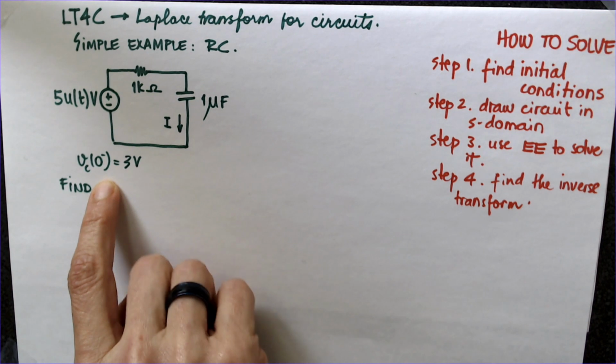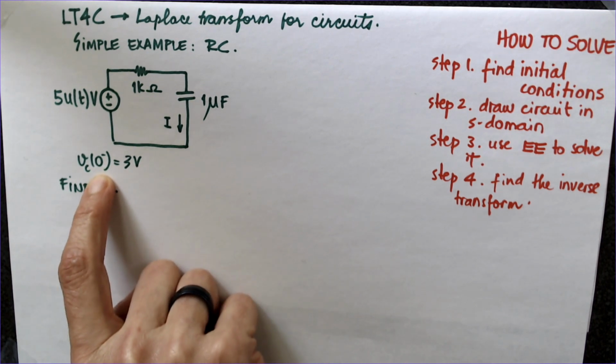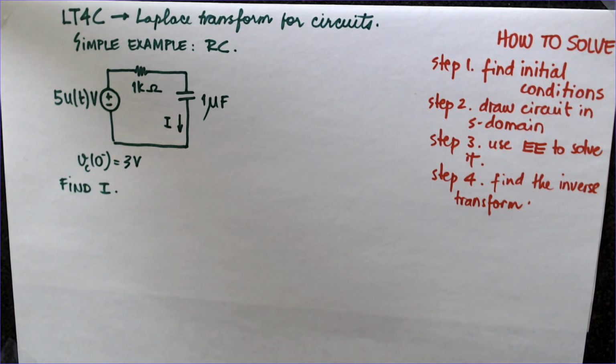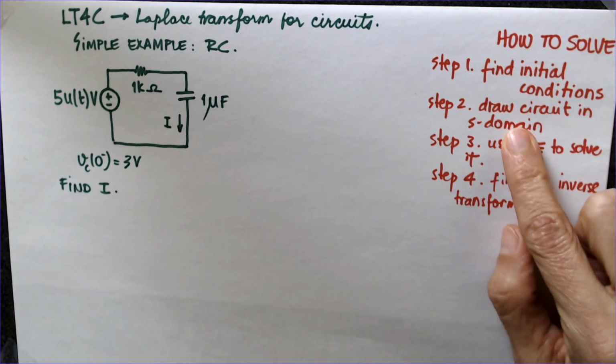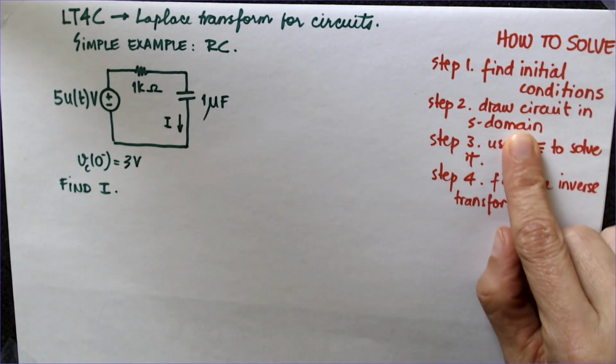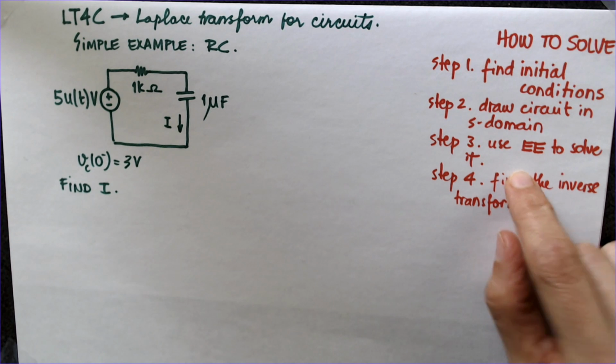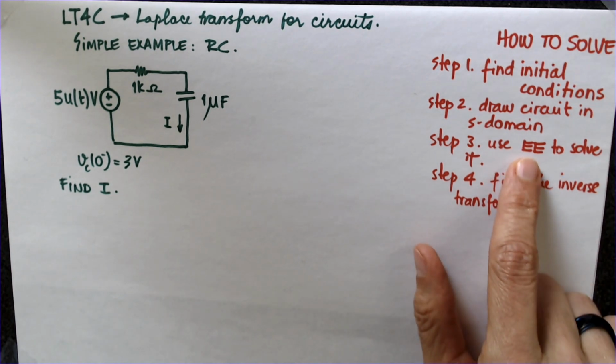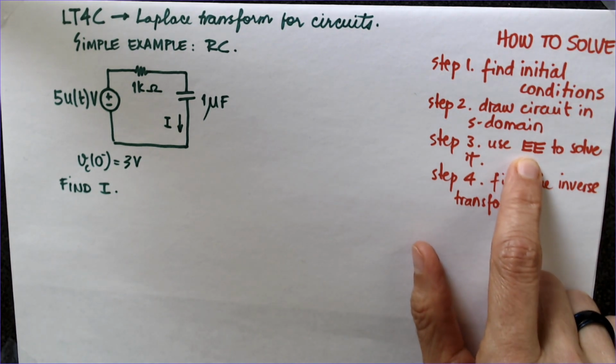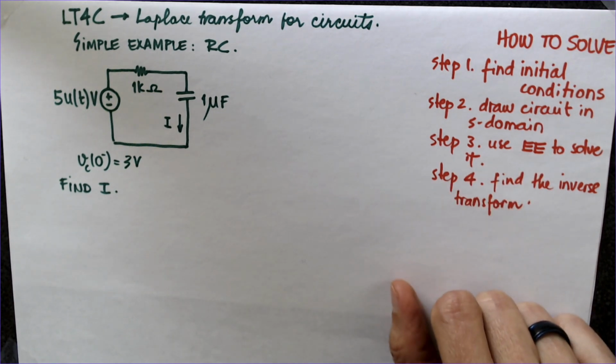Here in this circuit, we're going to solve the simplest RC circuit, but in Laplace transform world. And the initial condition is given. So step 1 is done for us. It's 3 volts on the capacitor. Now the second step is to draw the circuit in S domain. We're going to draw it using the initial condition, using the previous video that I just recorded.